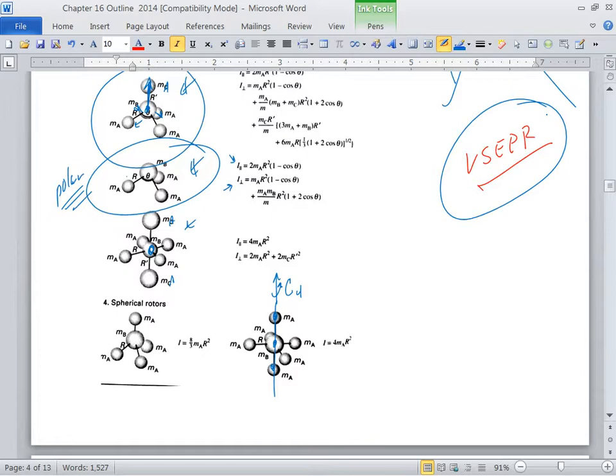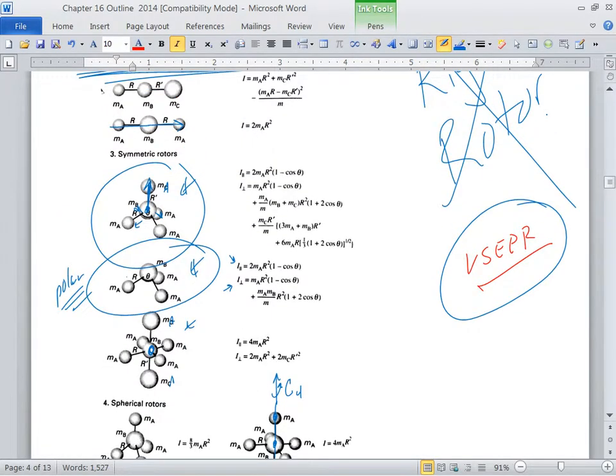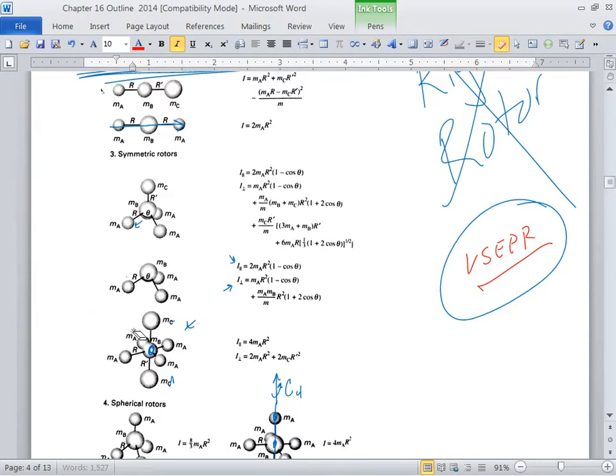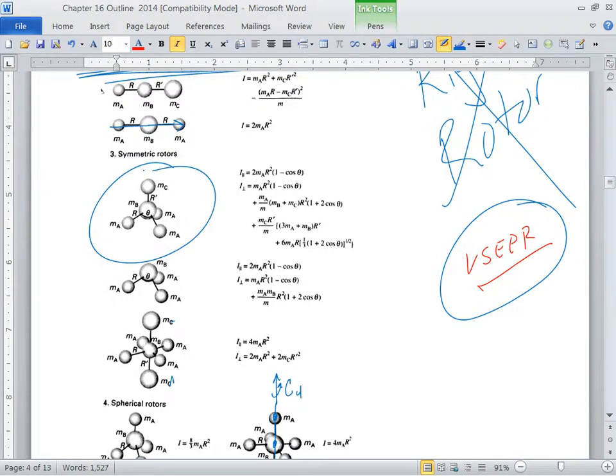Which one of these things? The first one is symmetric rotors. This one, right? What shape is that? It starts with a T. Tetrahedral. So this photon comes in and electrons interact. It polarizes it a little bit in some region.